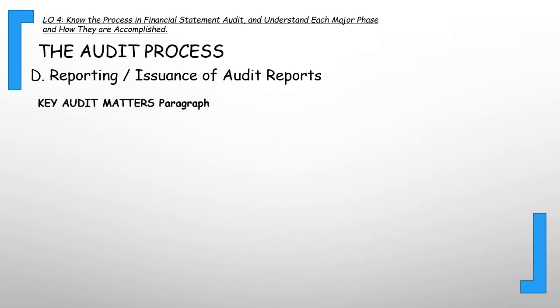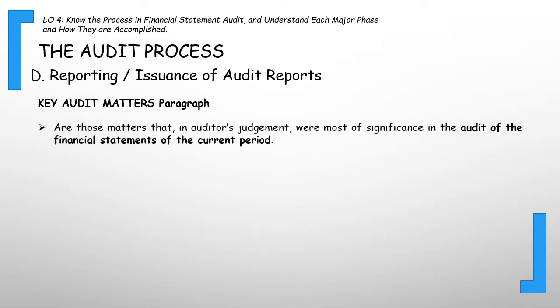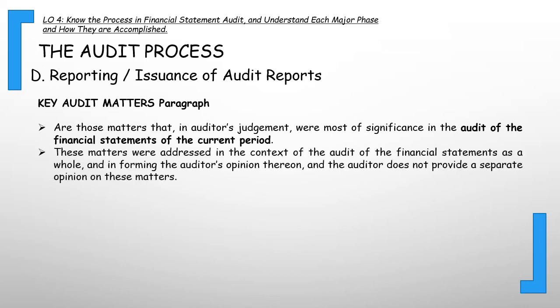Okay, key audit matters are those matters that in auditor's judgment were most of significance in the audit of the financial statements of the current period. Okay. So, ito yung mga sa tingin ng auditor napaka-importante sa mga financial accounts ng audit client.